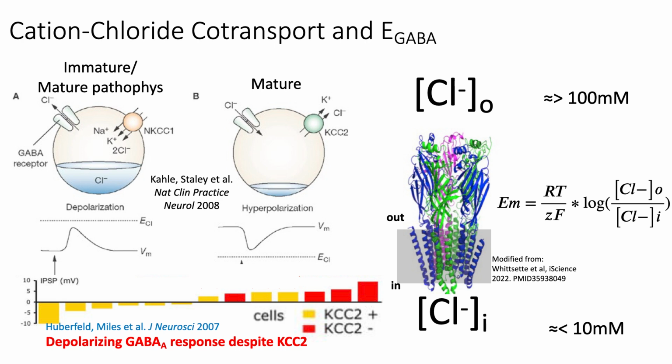However, this is a very nice way of looking at it, but it turned out that when Miles looked into this a little bit more, the data didn't actually support this. So whether or not KCC2 is actually present doesn't dictate whether or not you have a depolarizing or hyperpolarizing GABA response.